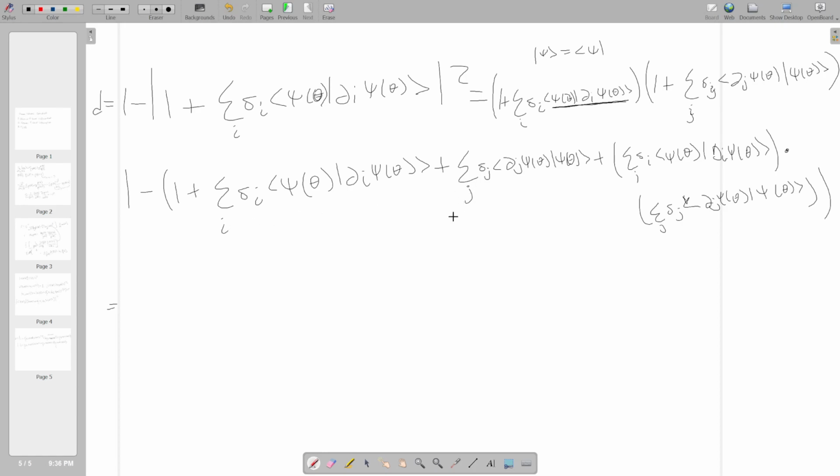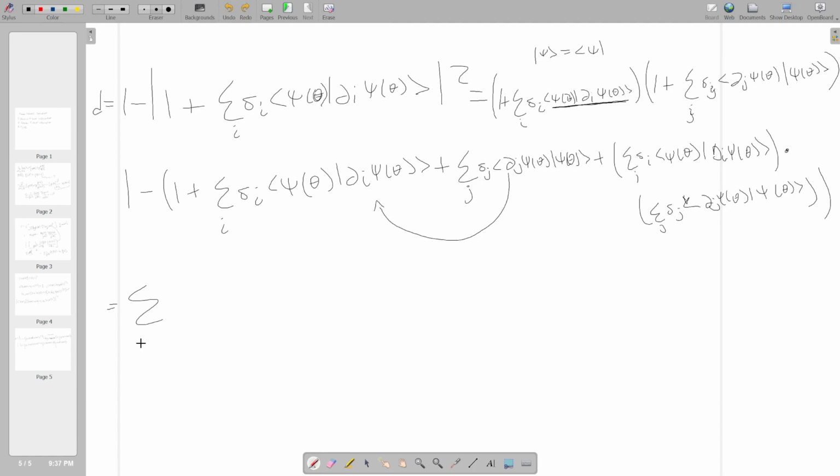We know i and j are iterating over the same set, so we can just add them, right? And since it's over the same operations, these terms can just be added together.